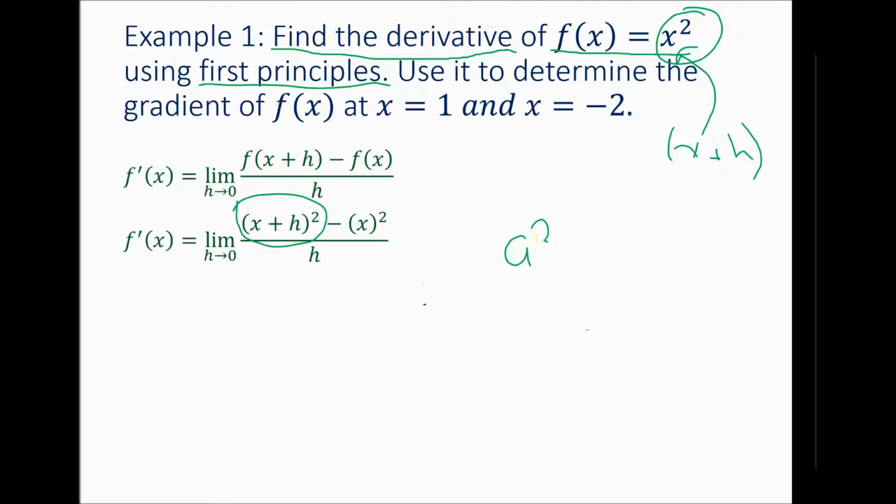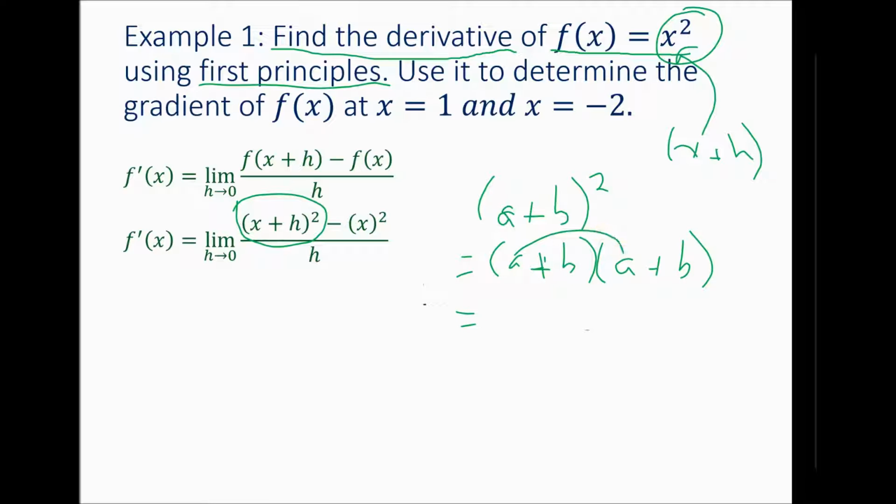If I've got a plus b squared, that's really a plus b times a plus b. When I expand that out, I get an a squared, I get an ab, but I also get a ba, so that's plus 2ab, and then lastly, I get plus b squared.